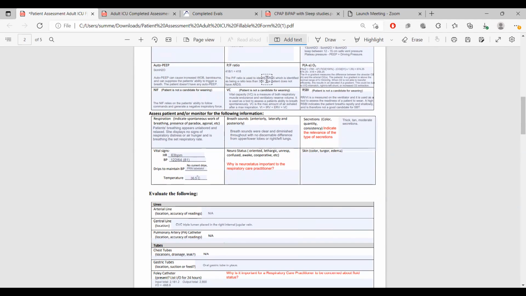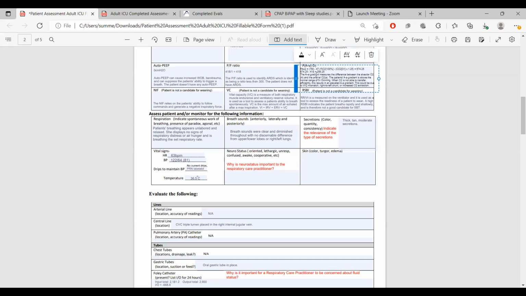The PF ratio is used to identify ARDS, which is identified as a ratio less than 300. The patient does not have ARDS. Yes, excellent. And the PaO2 gradient, hers was huge. It is 256.25.